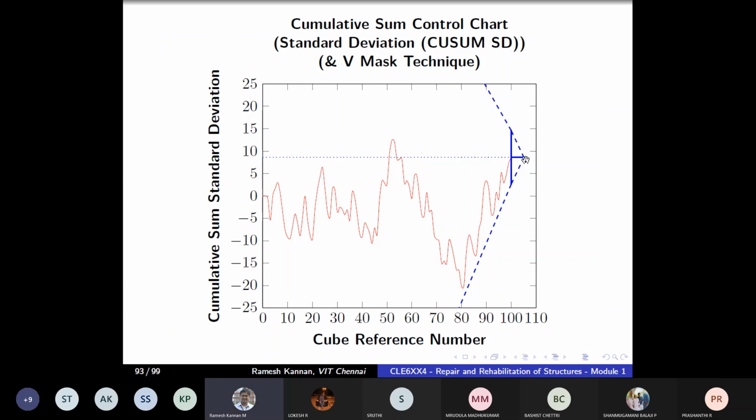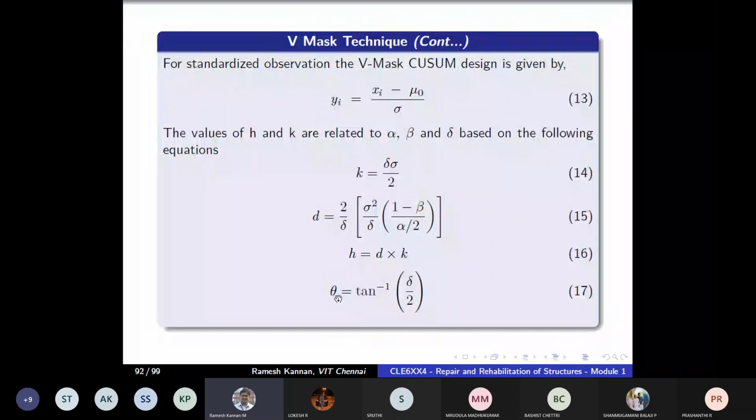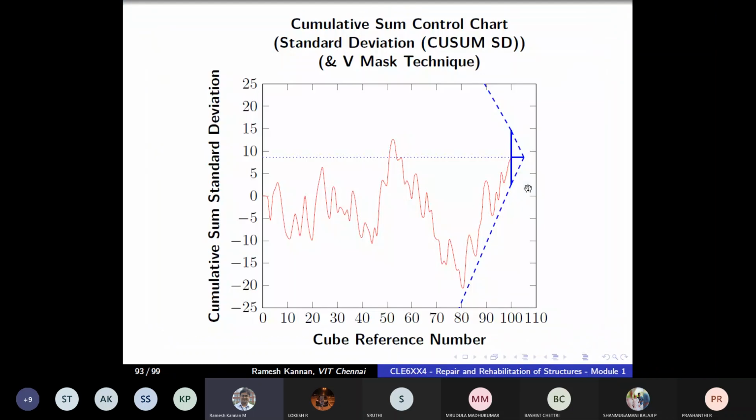And this extends to a point from where the funnel starts, and there's an angle which we can calculate, theta is equal to tan inverse of delta divided by 2, and half the angle here and half the angle here, this is theta by 2 and theta by 2.